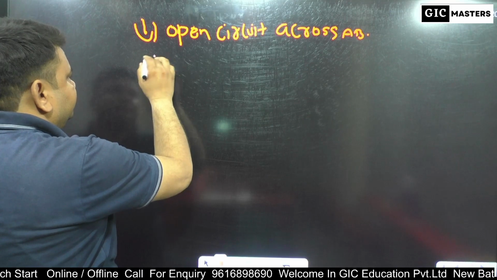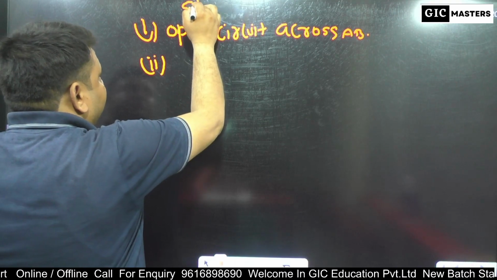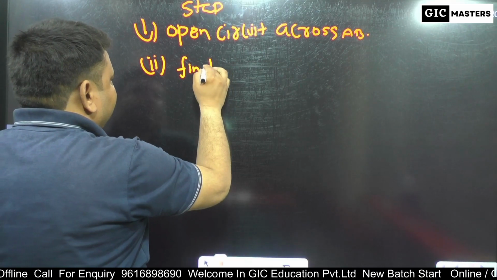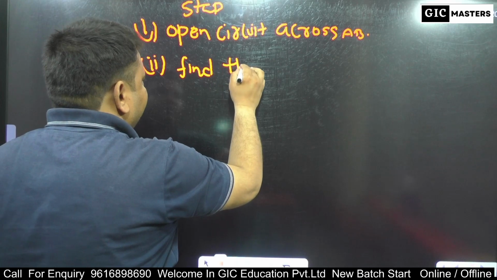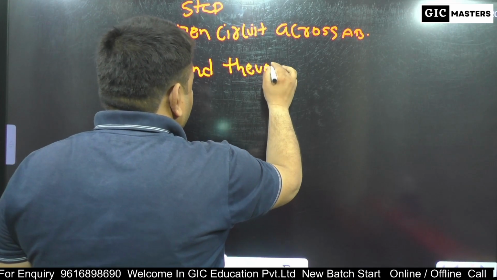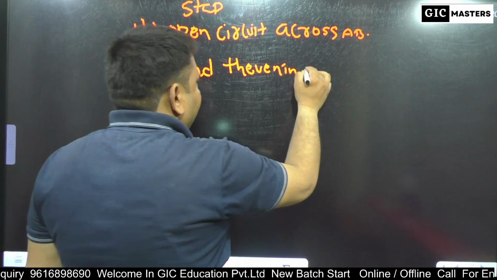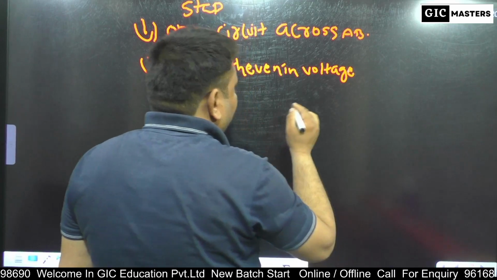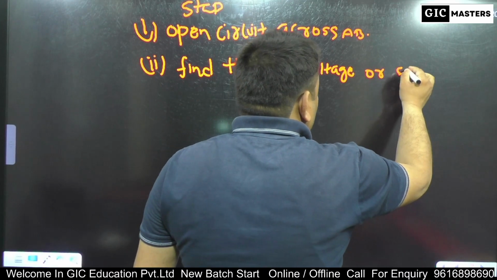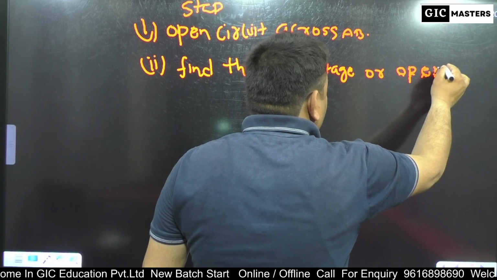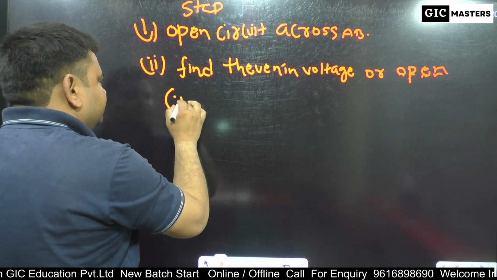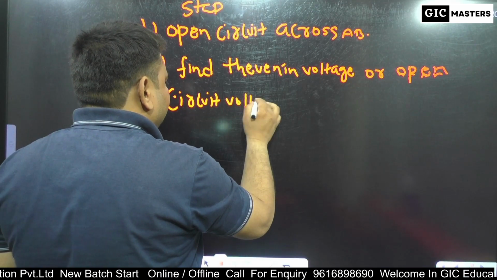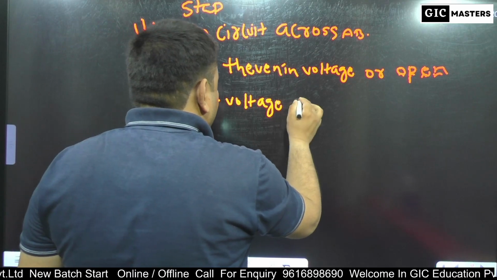Second, find Thevenin's voltage or open circuit voltage across AB.